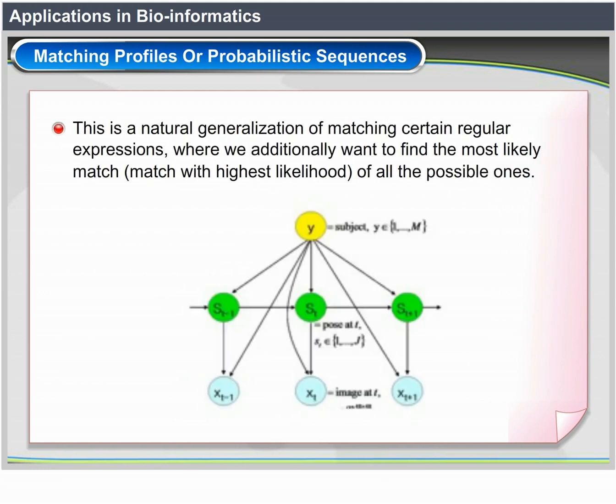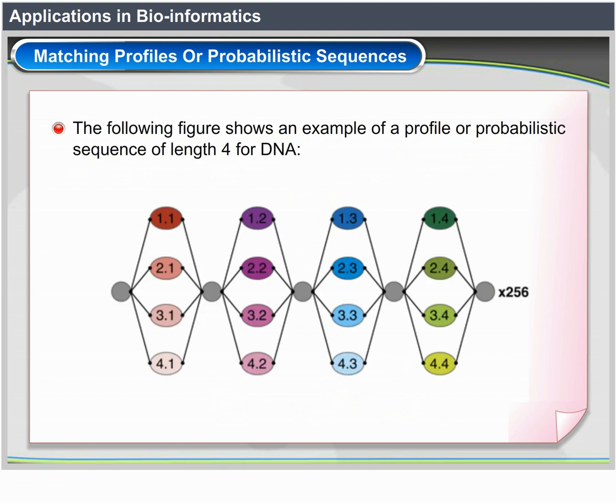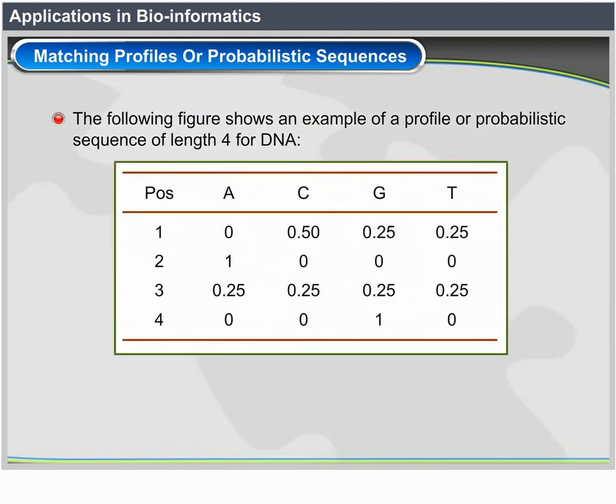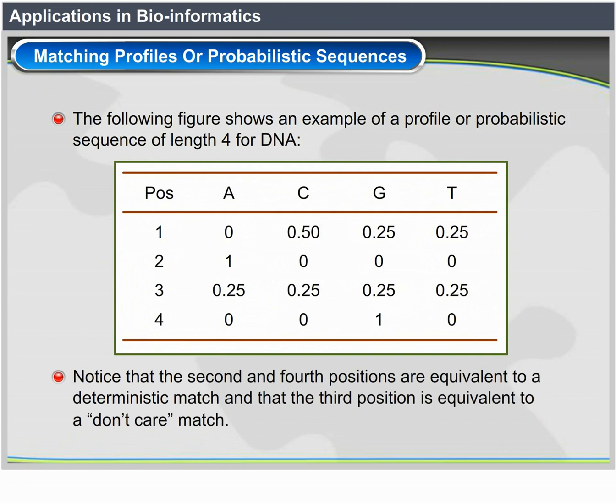This is a natural generalization of matching certain regular expressions, where we additionally want to find the most likely match, with highest likelihood, of all possible ones. The following figure shows an example of a profile or probabilistic sequence of length 4 for DNA. Notice that the second and fourth positions are equivalent to a deterministic match and that the third position is equivalent to a don't care match.